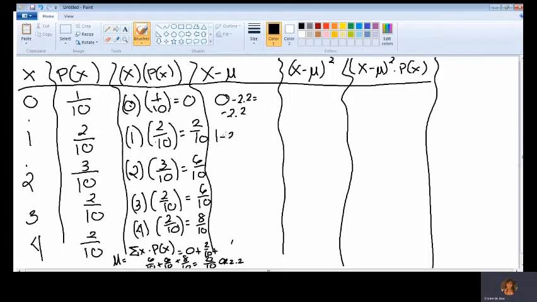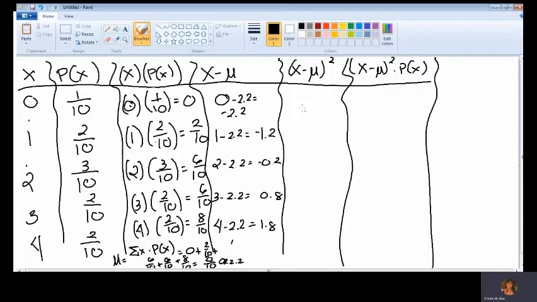Next, 1 minus 2.2, that is negative 1.2. 2 minus 2.2 is negative 0.2. 3 minus 2.2 is equal to 0.8. Lastly, 4 minus 2.2 is equal to 1.8.